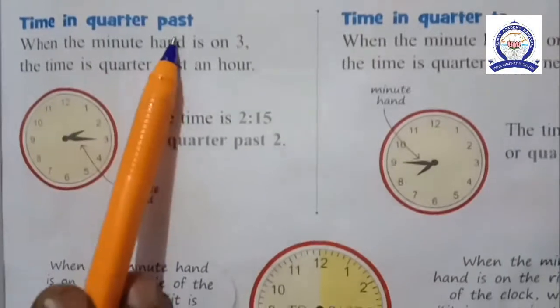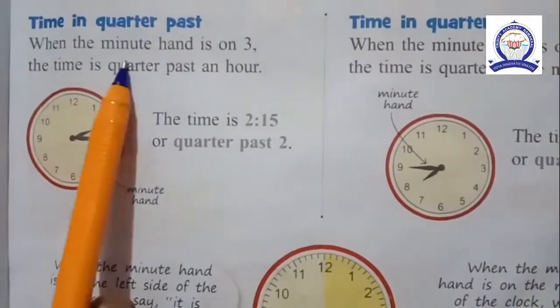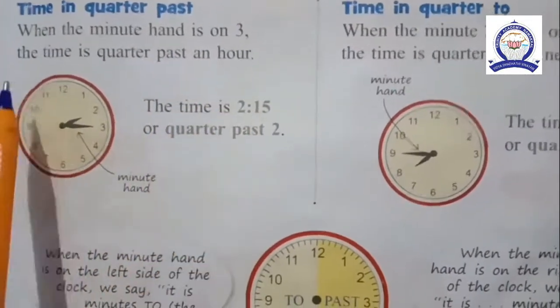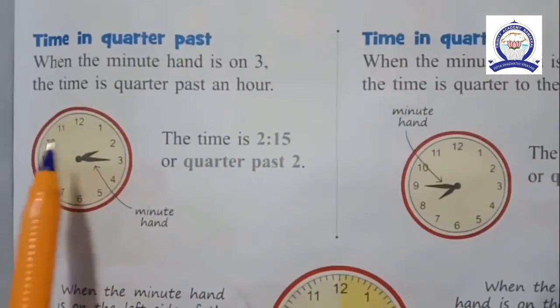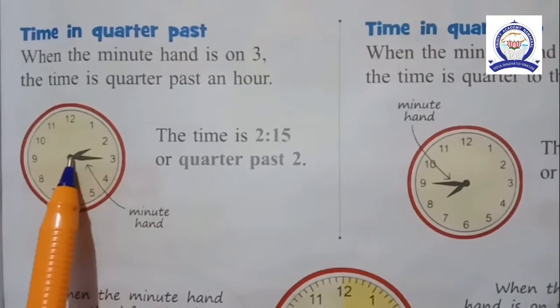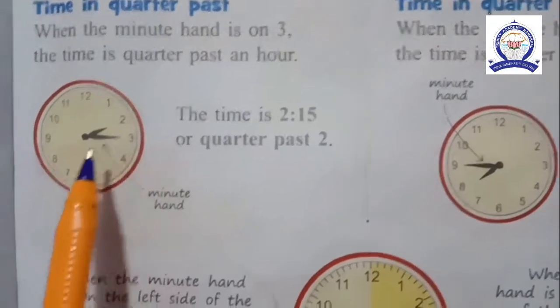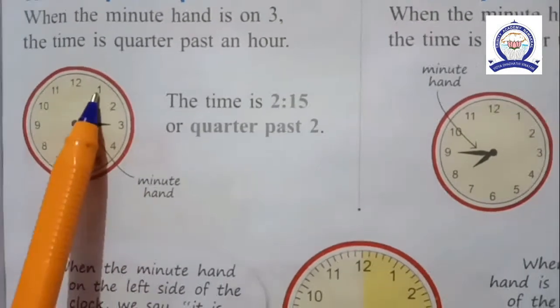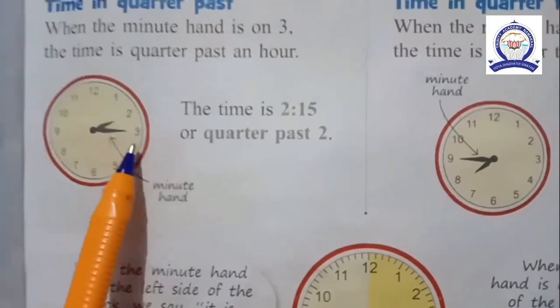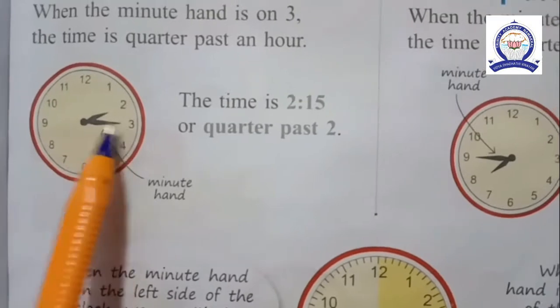Next, time in quarter past. When the minute hand is on 3, the time is quarter past an hour. See the clock children. The small hand is in the number 2. The big hand is in the number 3. 1 5 is 5. 2 5s are 10. 3 5s are 15 minutes.